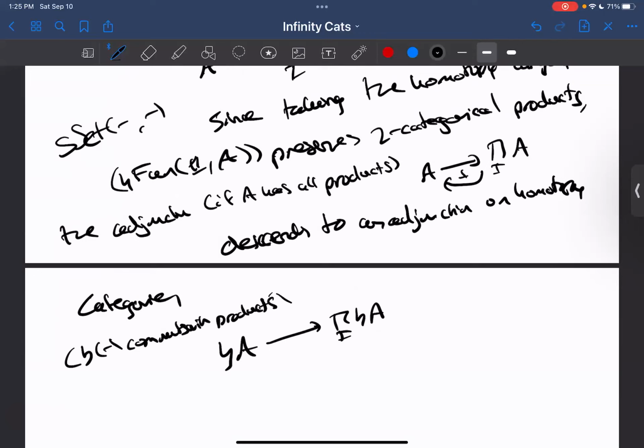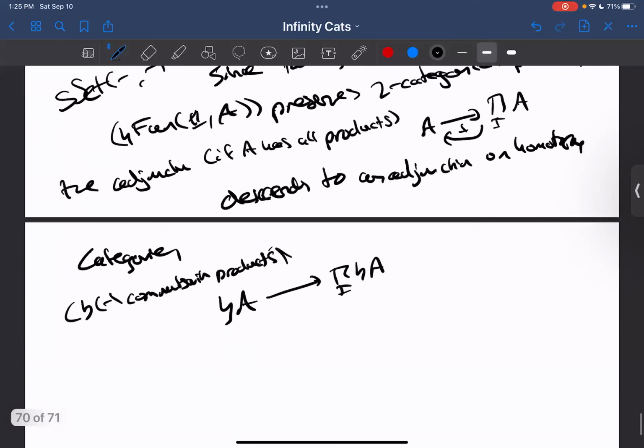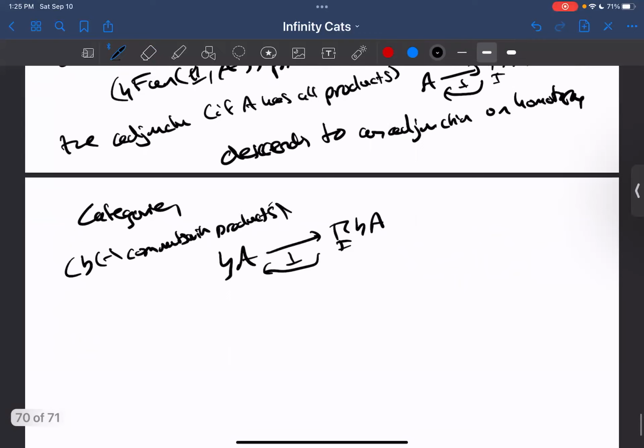This is not true of general A to the J. We get this adjunction here, which tells us that the homotopy category of A has products and that the products agree with what they would be in A.